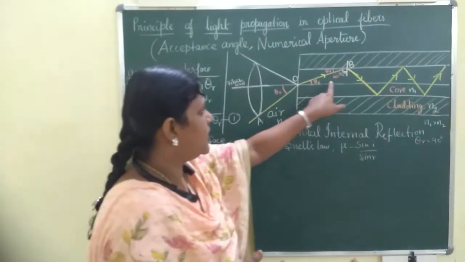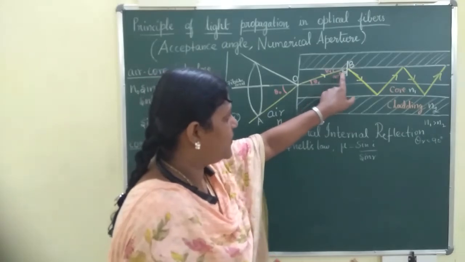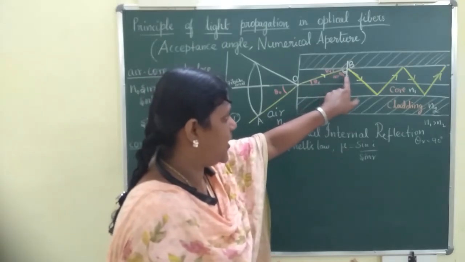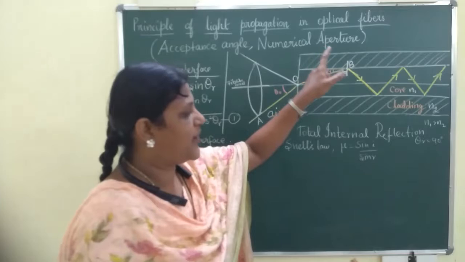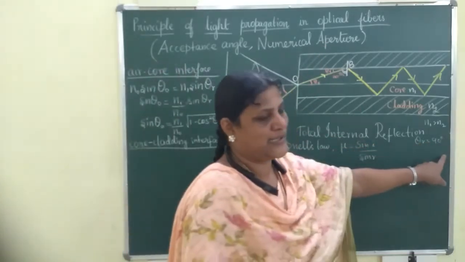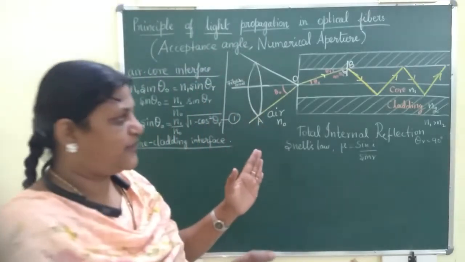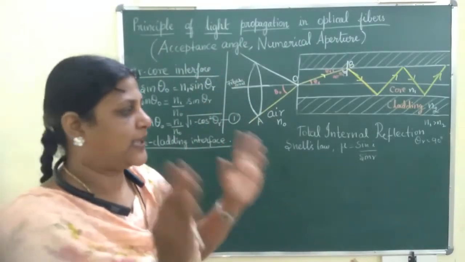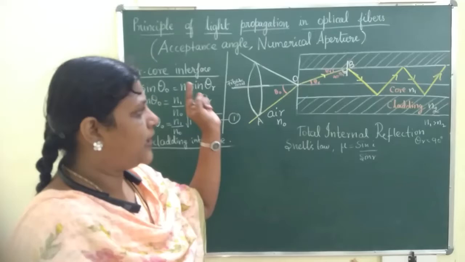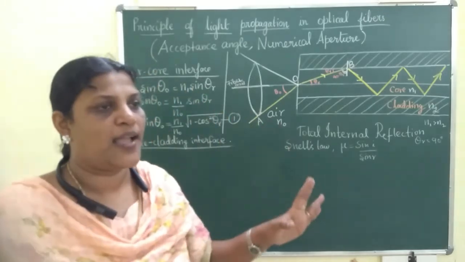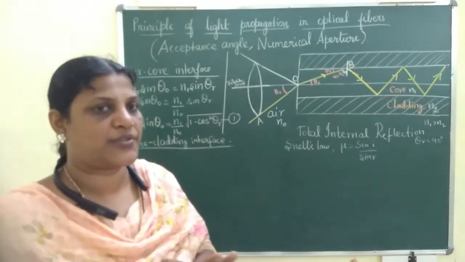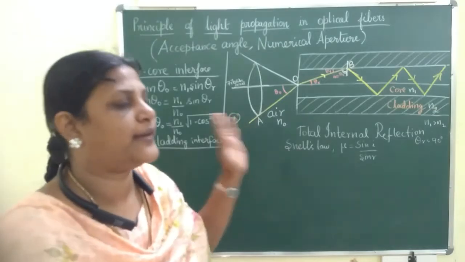So here we have the angle of incidence as 90 minus theta r and the angle of refraction as 90 degrees. If the light ray obeys total internal reflection, the angle of incidence can be taken as it is, but the angle of refraction should always be equal to 90 degrees.